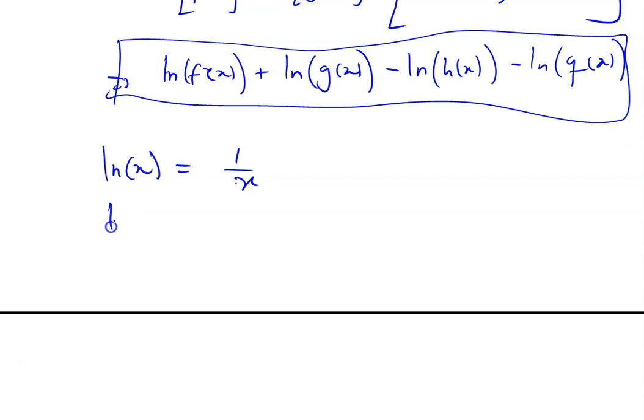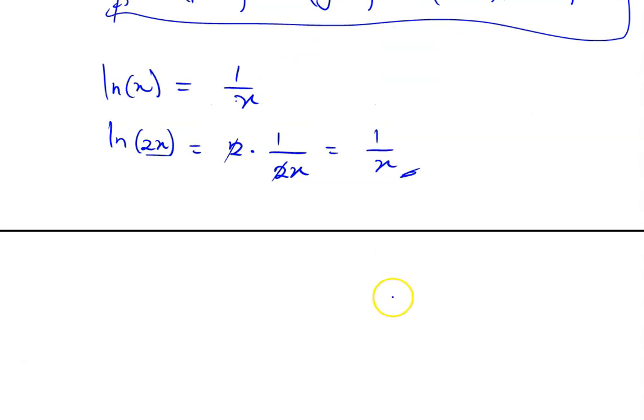What about differentiating ln 2x? I'll differentiate what is inside, which gives 2. So 2 times 1 on 2x, so this cancels this. Then at the end, I'm going to get 1 on x.